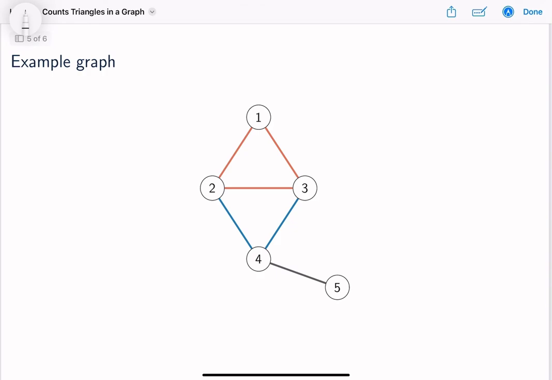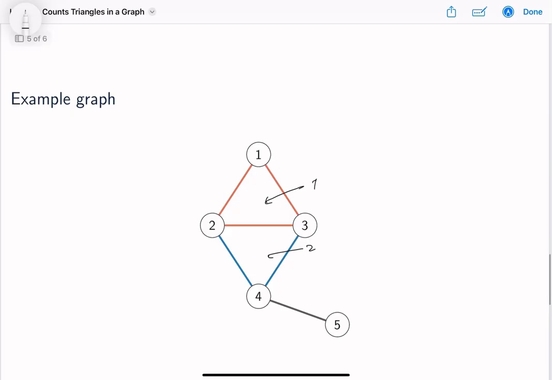So if we look at this simple graph, and not to say that we need an algorithm to do this, but just to illustrate that the algorithm we introduced works, if you look at this graph, you see that it has 2 triangles. It has this one, it has this triangle, so this is 1 and this is 2. So we have 2 triangles here, and let's see if the algorithm works.